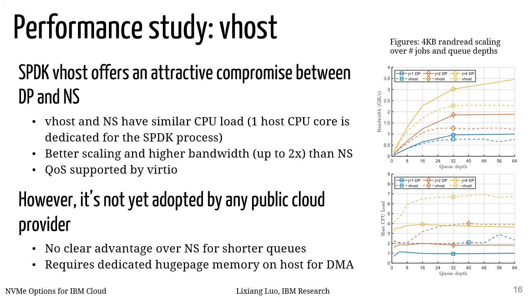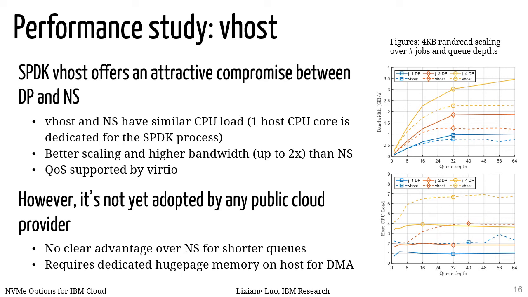Looking at the performance of SPDK vhost, we can see that it offers an attractive compromise between device pass-through and namespace. The vhost target and VirtIO block have similar CPU load, but vhost has better scaling and higher bandwidth than VirtIO block.